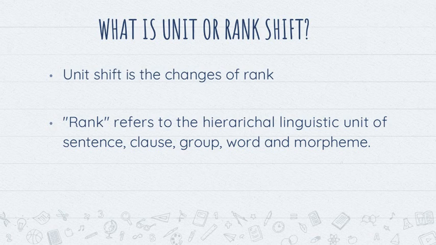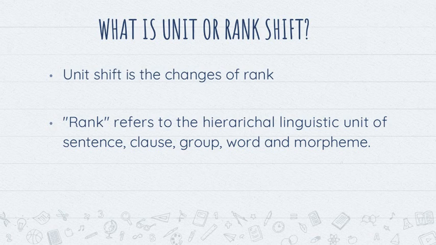For example, the English SL impossible and the Indonesian TL is tidak mungkin. So from the example of translation above, unit shift can be found at the source text or ST impossible, which is a word that is translated into the target text or TT tidak mungkin, which is a phrase.